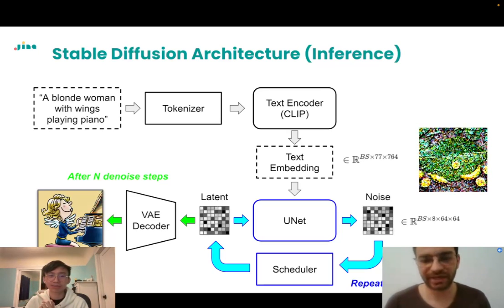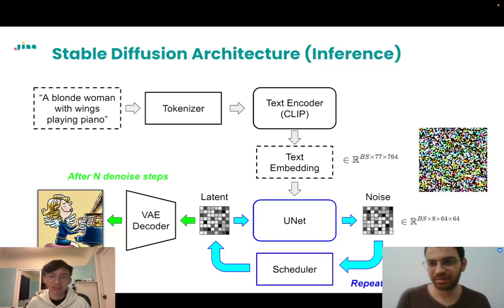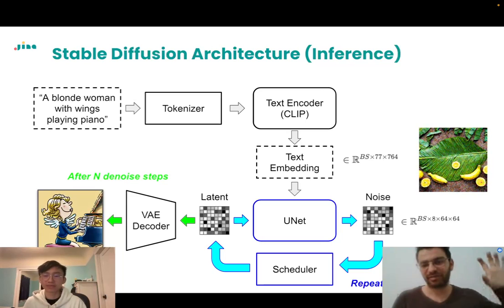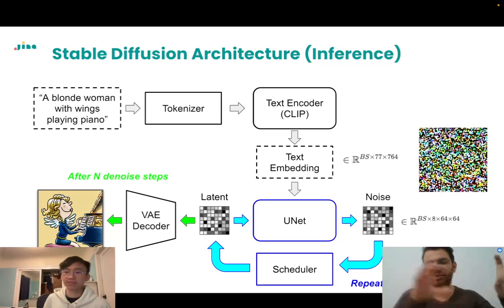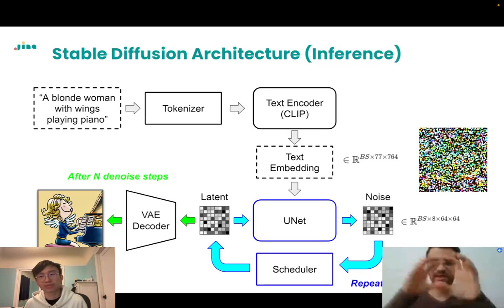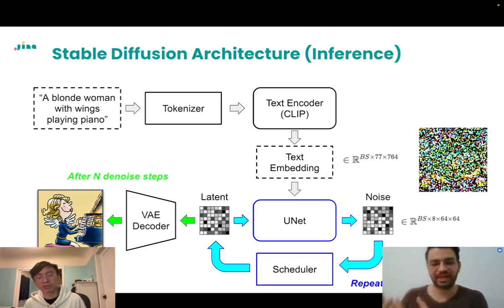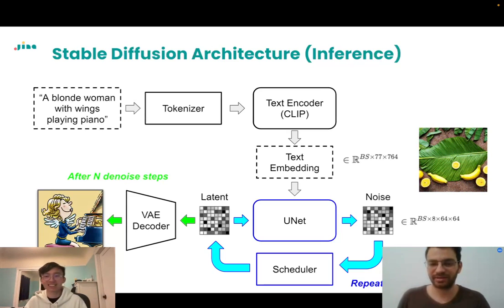So the UNet predicts values that you use to subtract from the original image, right? Yes. So we start from noise, and the UNet predicts values that we need to subtract from the noise, which makes the new image look more like the intended image, right? Yep. Exactly.